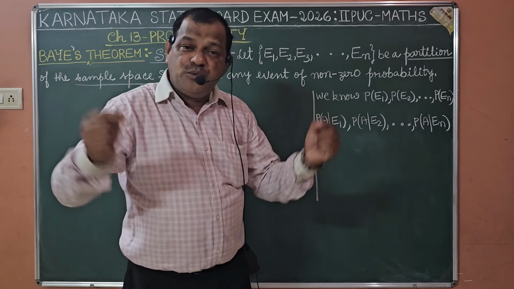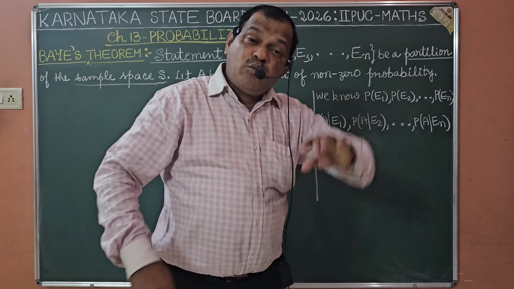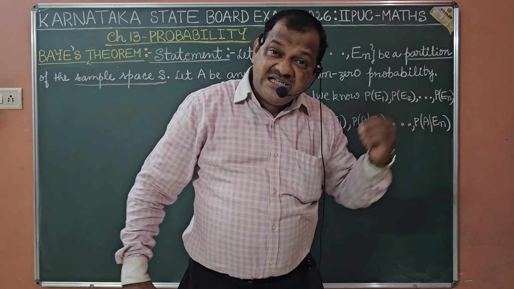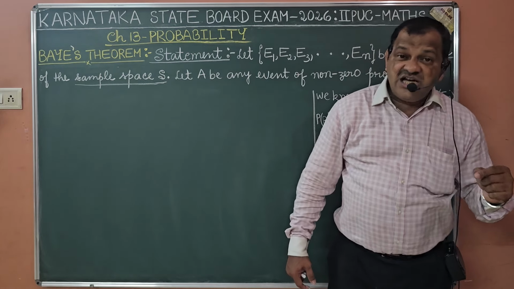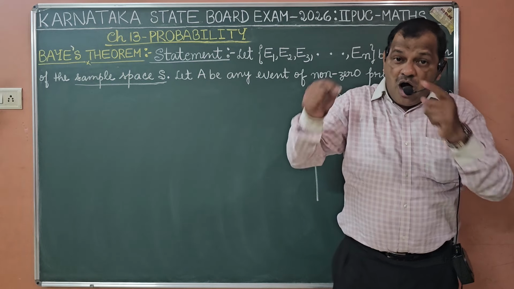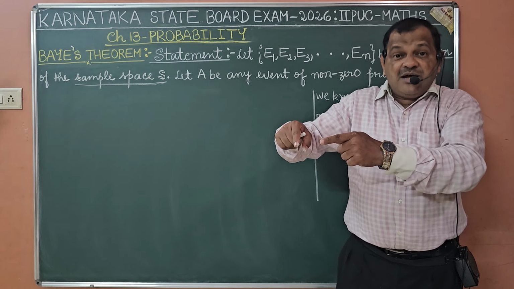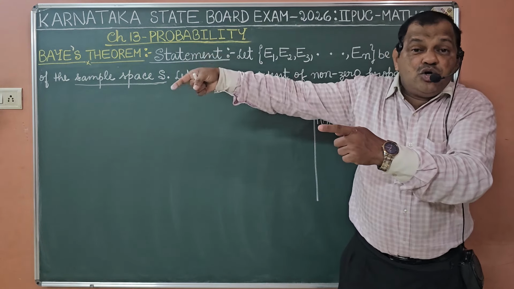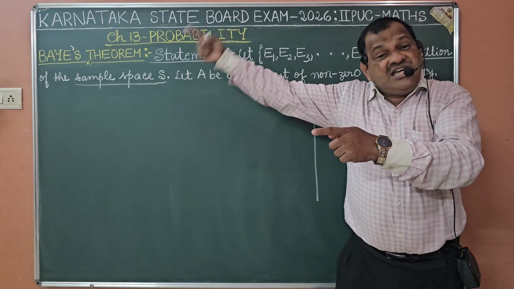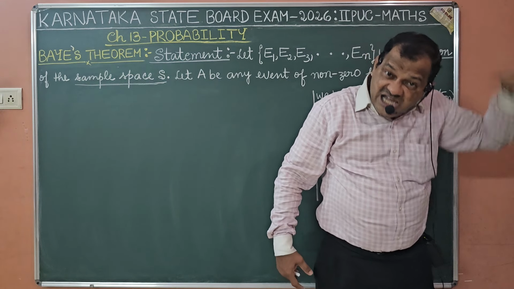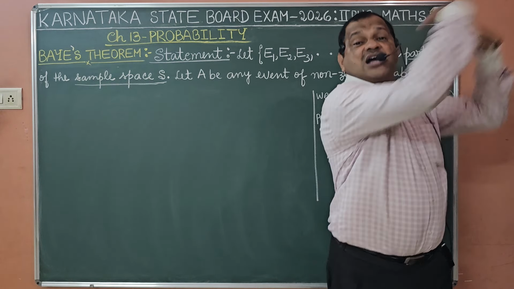If we know all this, then what are we going to find in Bayes' theorem? In Bayes' theorem, what is required is the probability of getting maybe an event E1 or E2, and so on, or En, given that the event A has already occurred.